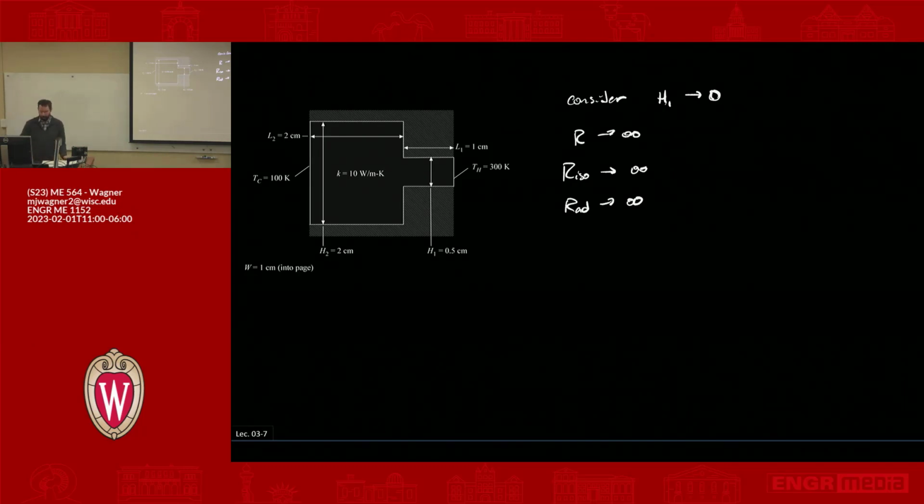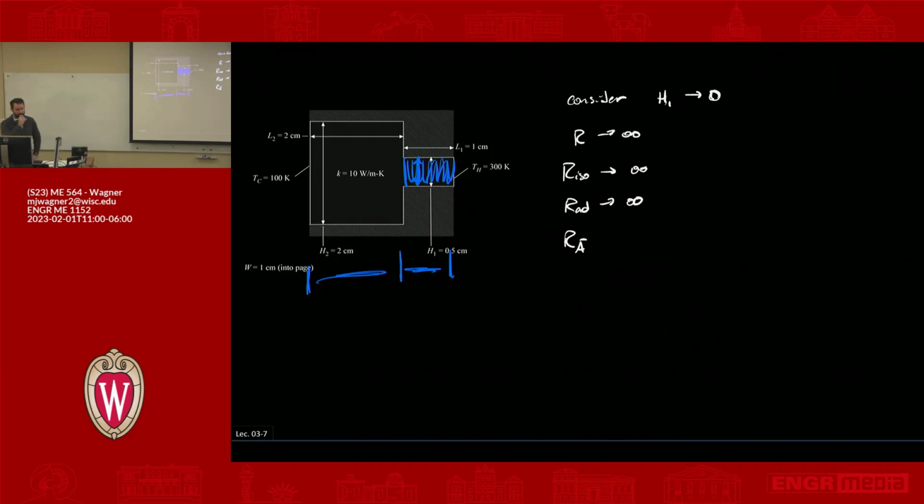Now let's think about the average model, R A bar. What happens to R A bar as h1 goes to 0? Does that go to infinity? So I'm going to take this height here, and I'm going to make this completely go to 0, right? So this is no longer available. But my average area is what? It's the integral of this piece and this piece, right?